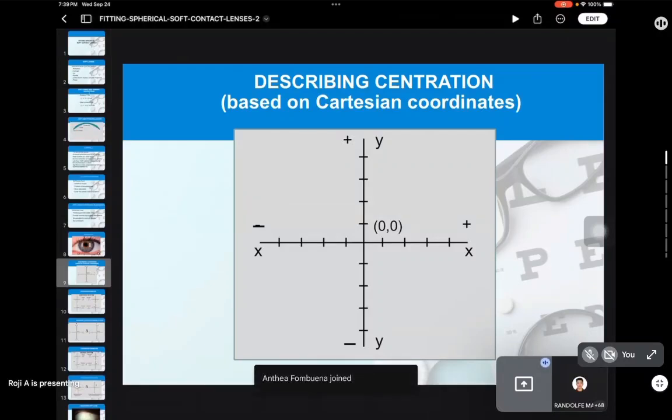The y is your vertical and the x is your horizontal. The plus sign is given to superior for the y coordinates, while negative is given to inferior. Now, plus is given to the x coordinate when it is nasal, and negative when it is temporal.